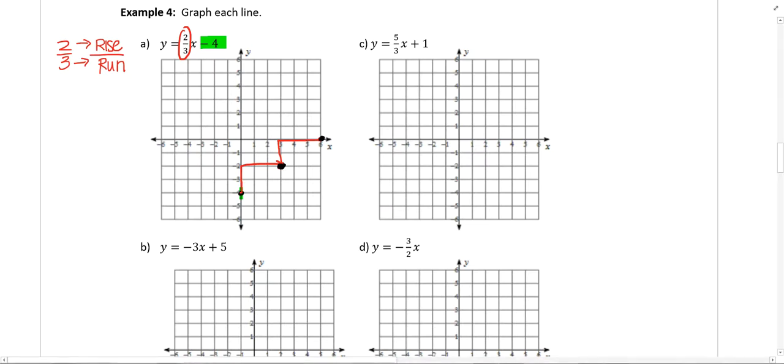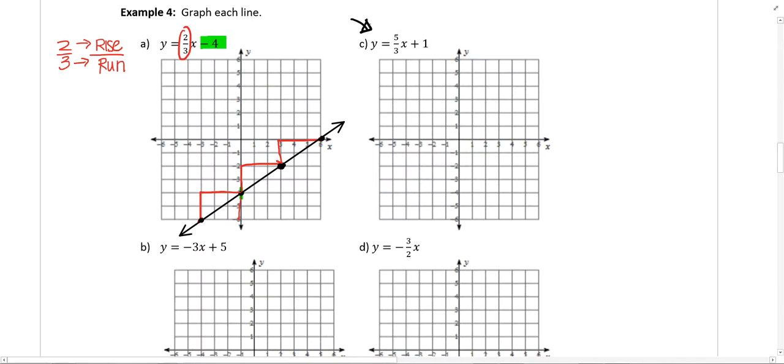So going back from the y-intercept, I can go left 3, down 2. And you see, you land on the same line, not the same point. And then you can go ahead and draw a line through your points. And there you go. It's beautiful.